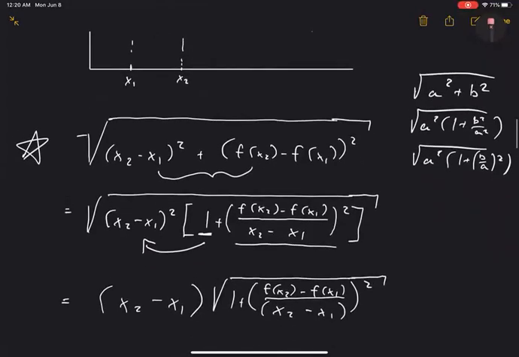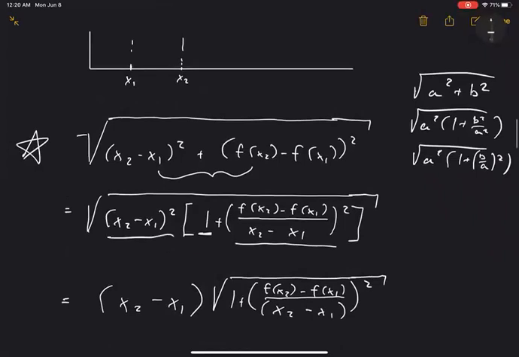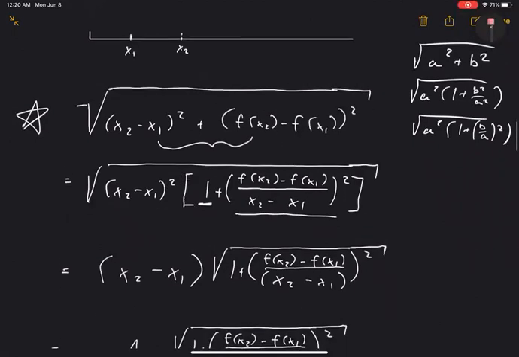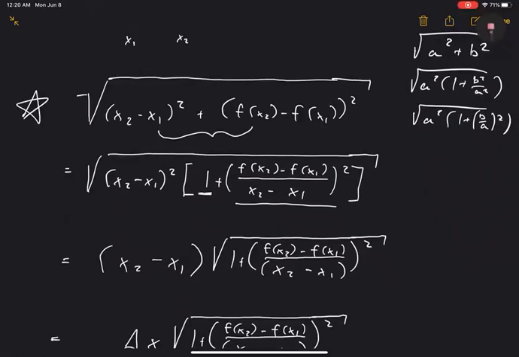Then I can take this x2 minus x1 squared out of the square root, and I lose the square term. So it just becomes x2 minus x1 outside the square root, and inside the square root I'm left with 1 plus f of x2 minus f of x1 over x2 minus x1, squared.